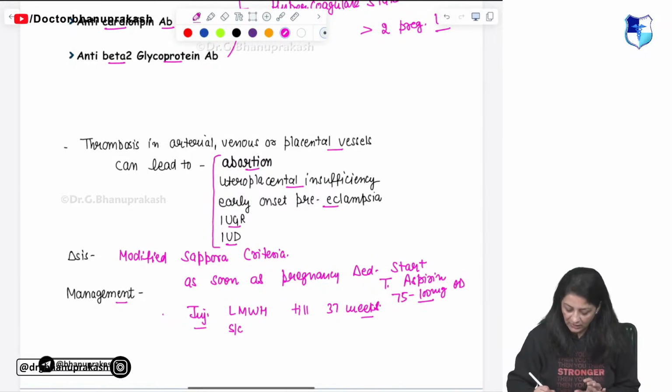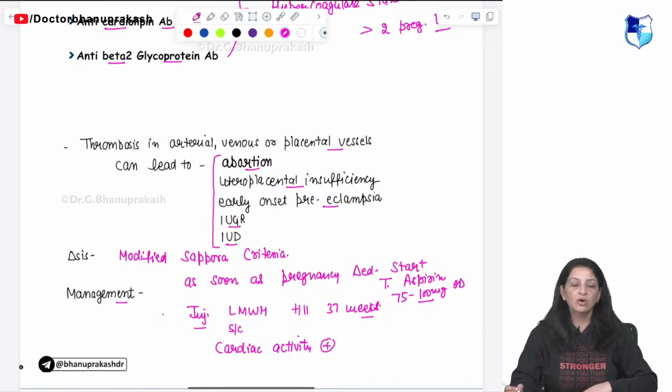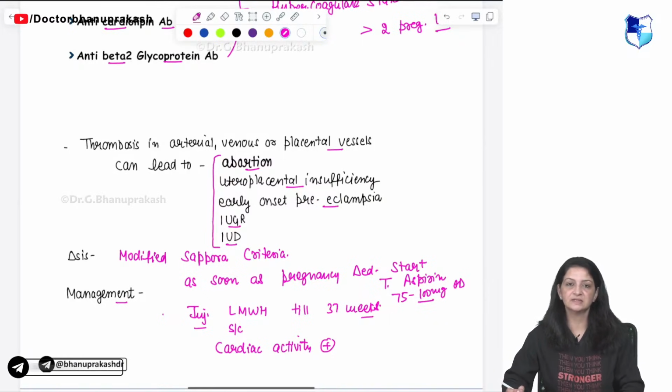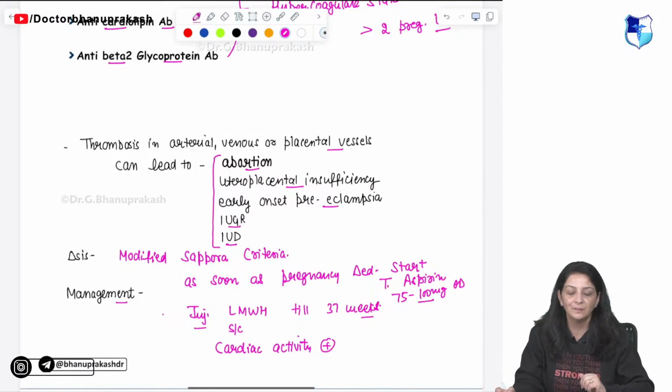When to start? When the cardiac activity is present. So this is the treatment of APLA syndrome.